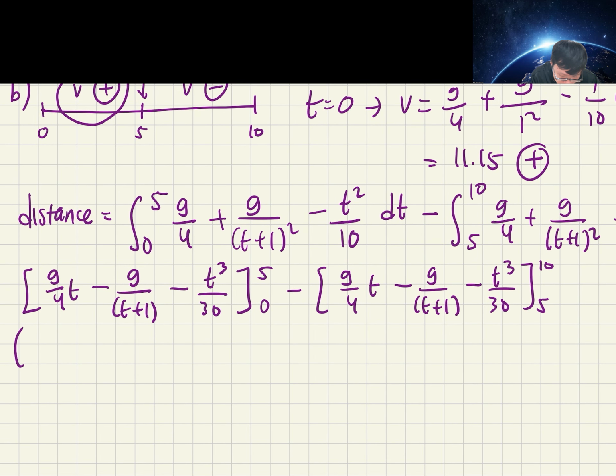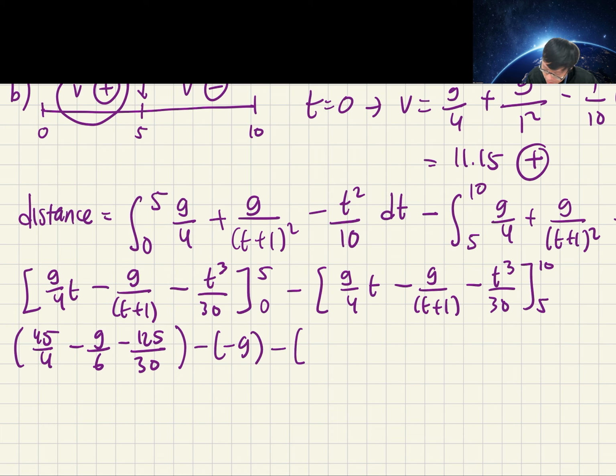You plug in 5, you get 45 over 4 minus 9 over 6 minus 125 over 30. And you plug in 0. But if you plug in 0, be careful because it's not always 0. This is 0, 0, but this one is 0 plus 1. So that will give you minus 9 when you plug in 0.